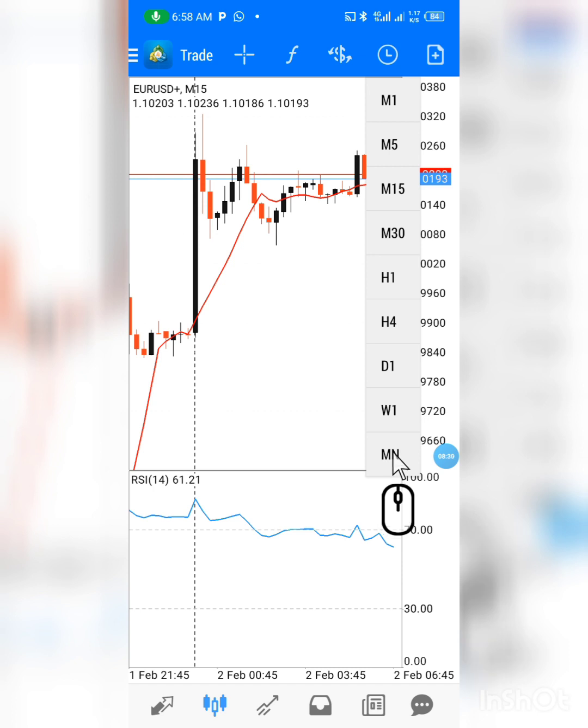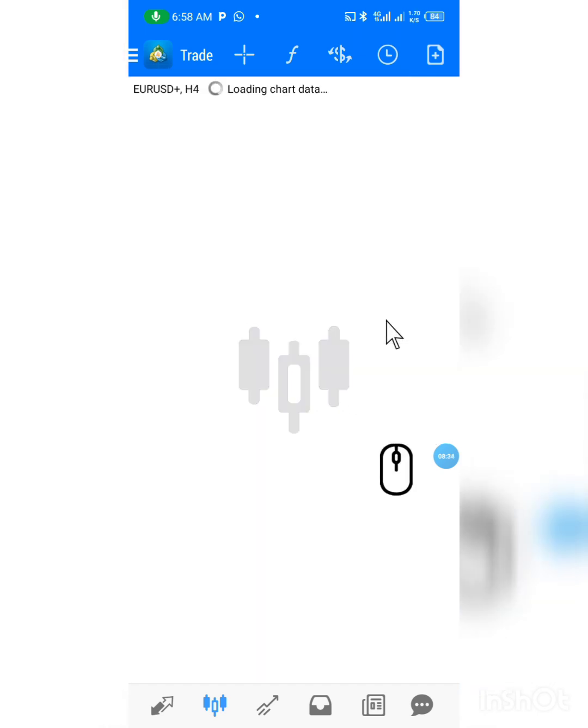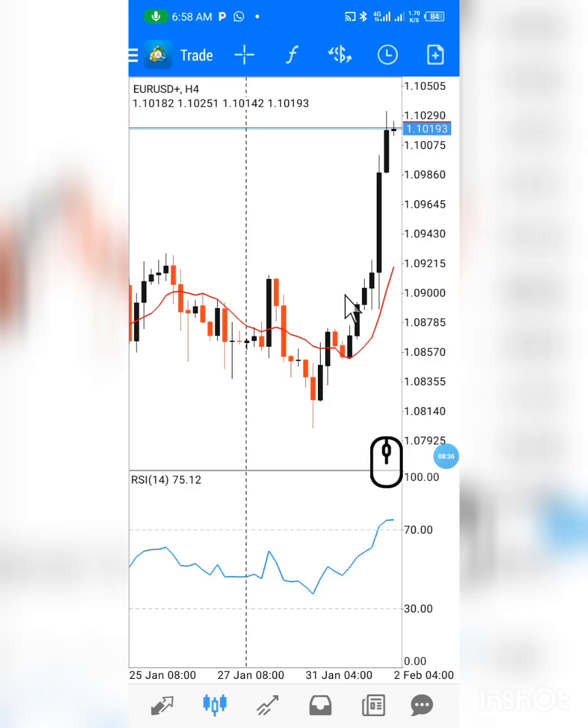So what it means is, if I put this on H4, it means that every candle, big or small, formed in 4 hours. So whether you're seeing this tiny candle, it used 4 hours to form, and this next candle is going to form completely in 4 hours.